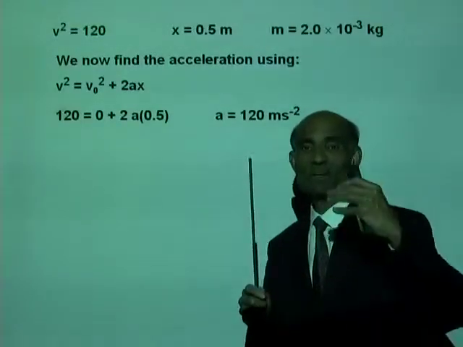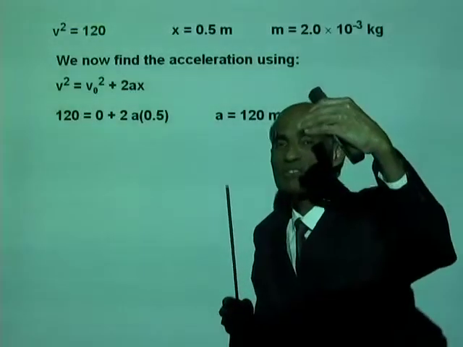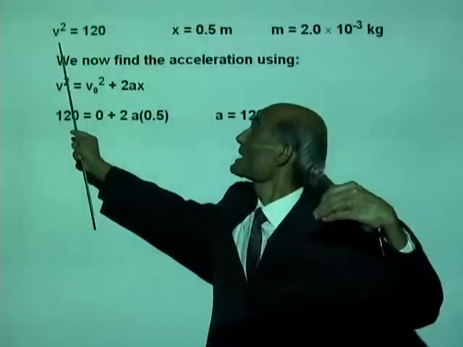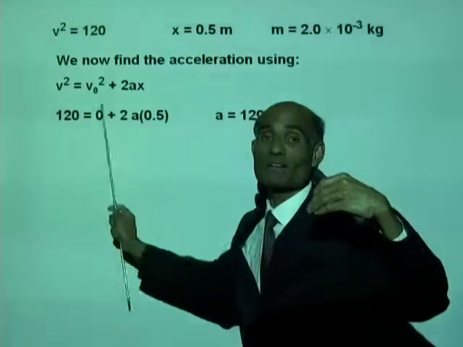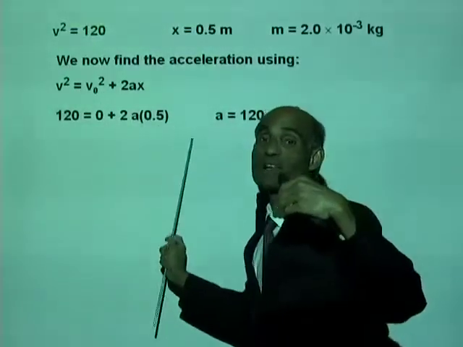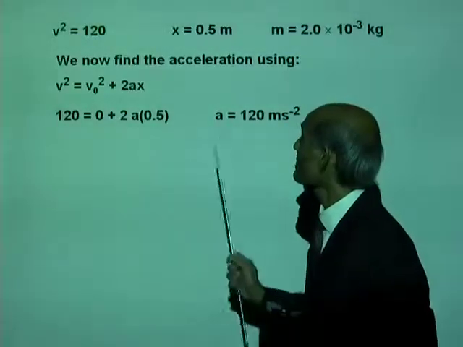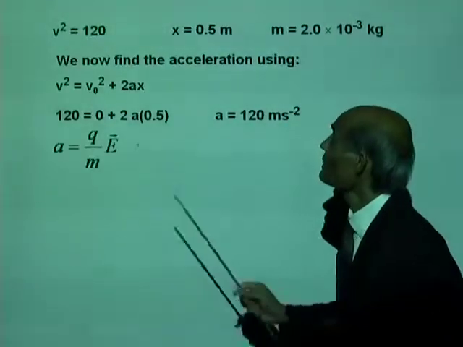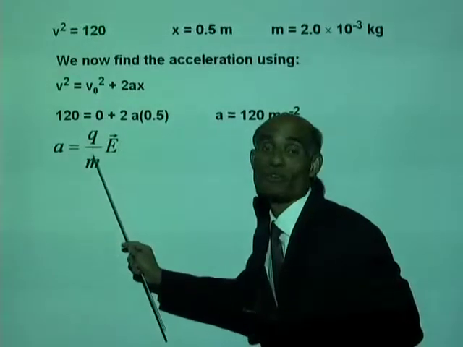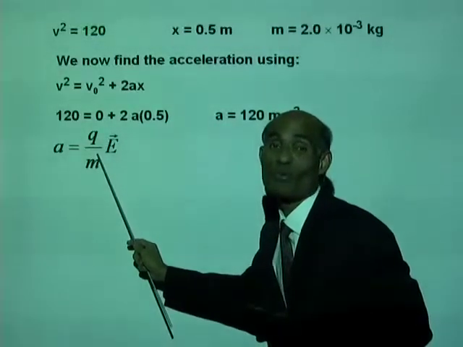You see how we started with kinetic energy. From there we calculated v squared, and then we used that to calculate the acceleration. Now, if you know the acceleration, we can now find whatever we are looking for. What are we looking for?